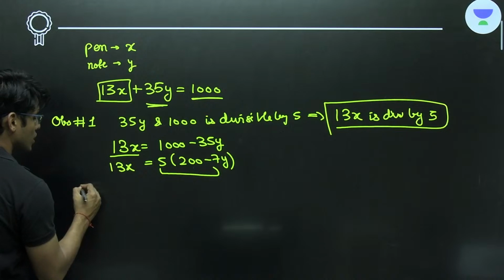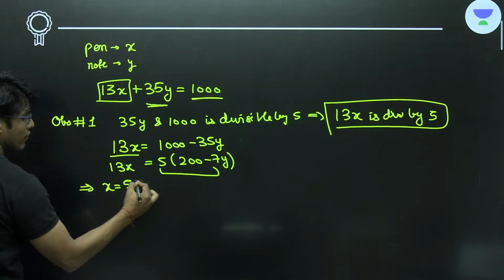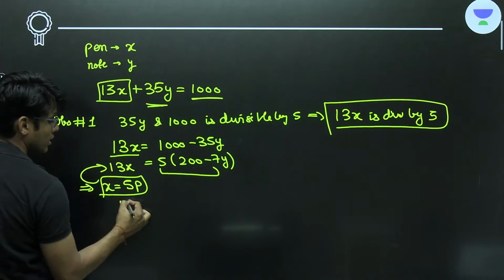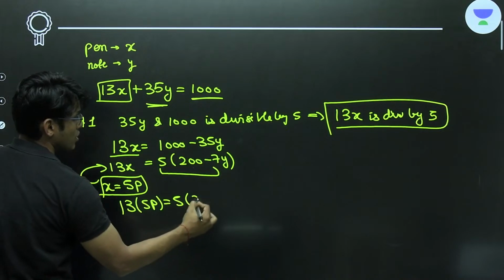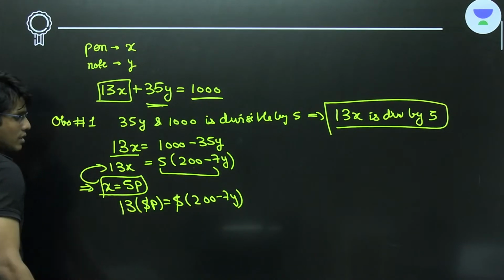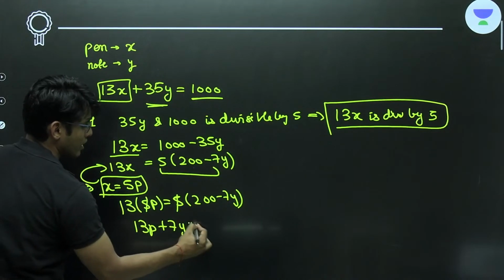And hence, you can write x equals 5p. When you put it here, you will get 13 times 5p equals 5 times (200 minus 7y). 5 and 5 get cancelled. So, you have 13p plus 7y equals 200.